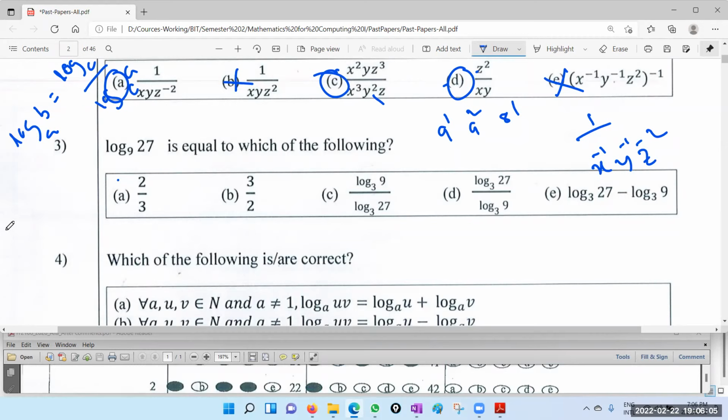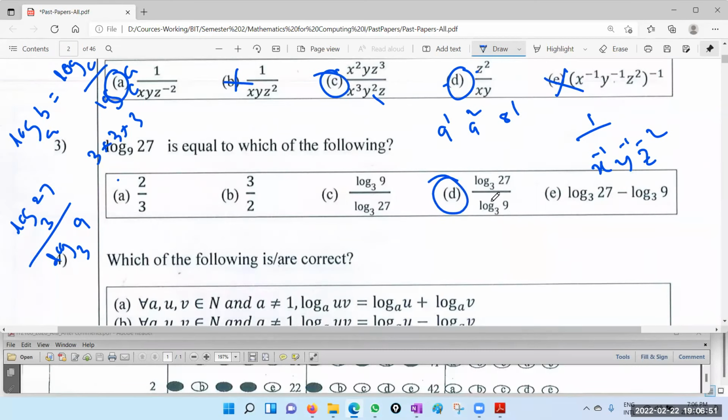Then it will be log 3 27 divided by log 3 9. 27, I can write it as a power of 3. 3 to the power 2 is 9. 3 to the power 3 is 3 into 3 into 3, 3 into 3, 9, 9 into 3 is 27. So this answer is there. Log 3 27 divided by log 3 9. So this is an answer.